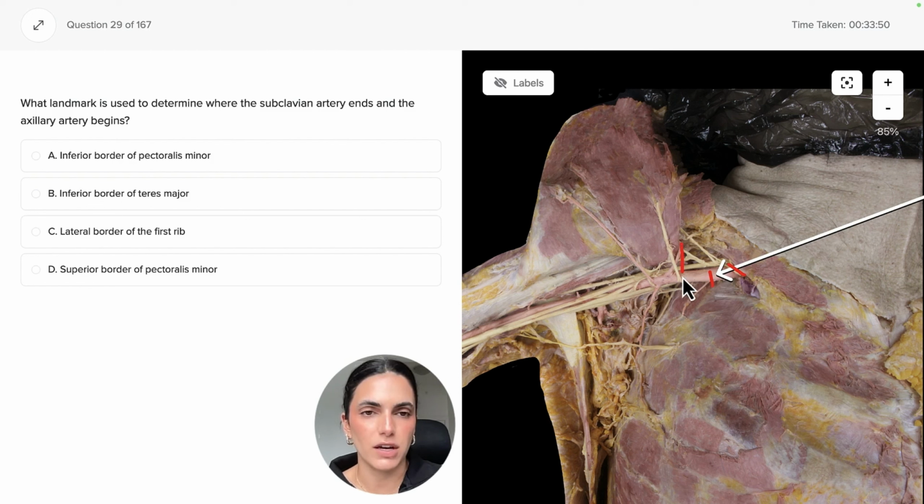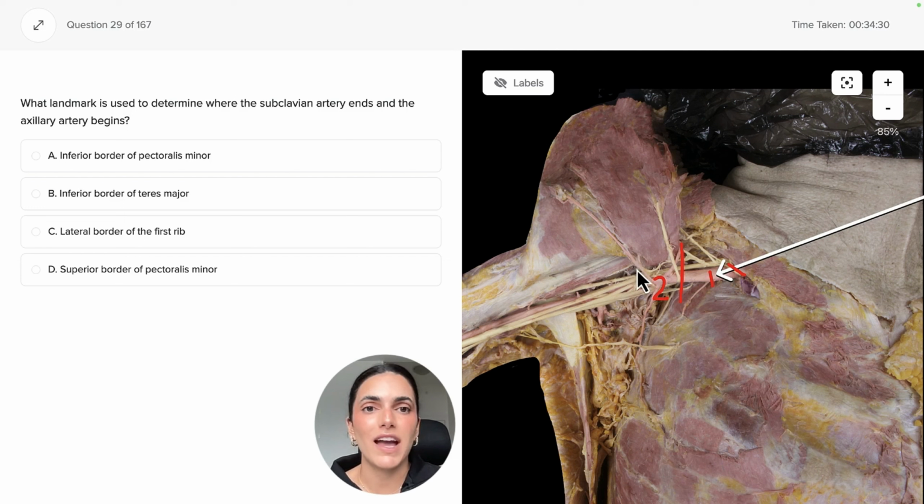We're going to talk about this border in a second, but I'm going to go to this border first. So the more distal border of the first part of the axillary artery is going to be the superior border of the pectoralis minor. After this border, this area becomes the second part of the axillary artery. And remember that these parts help us determine the branches that are coming off of the axillary artery, because we have different branches coming off different parts.